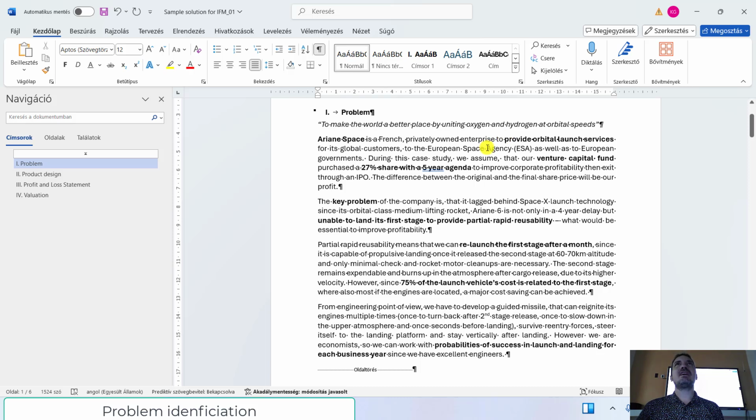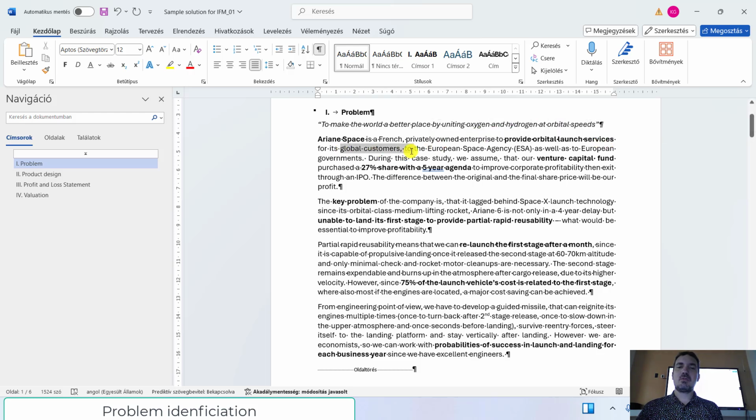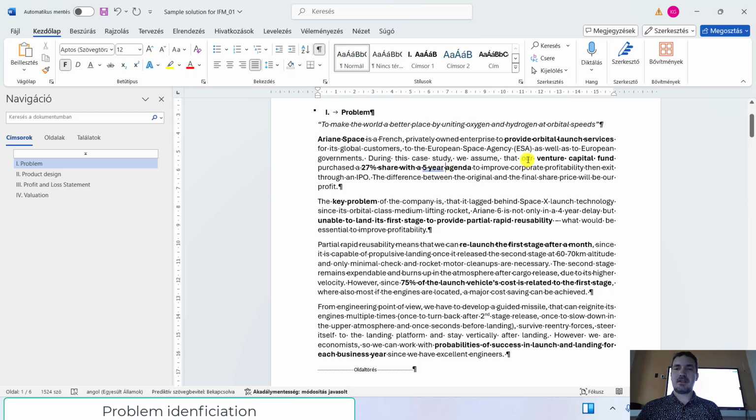During the case study, we are assuming that it can also be operated as a publicly owned one. This company provides orbital launch services to global customers and the ESA.